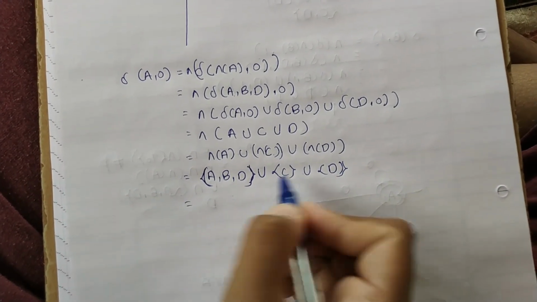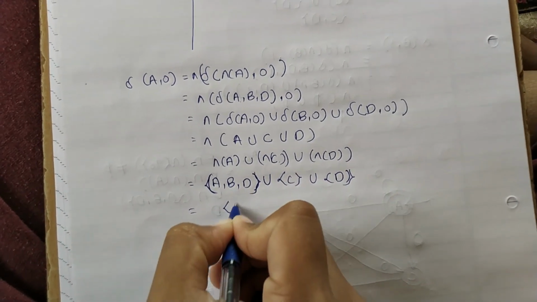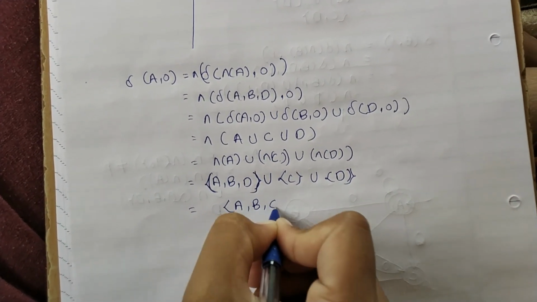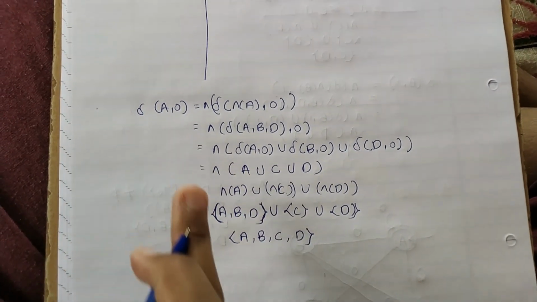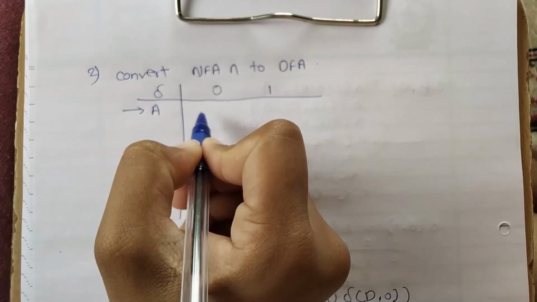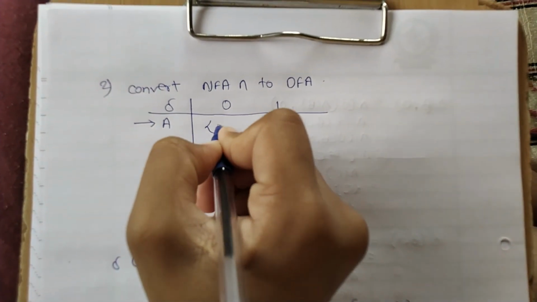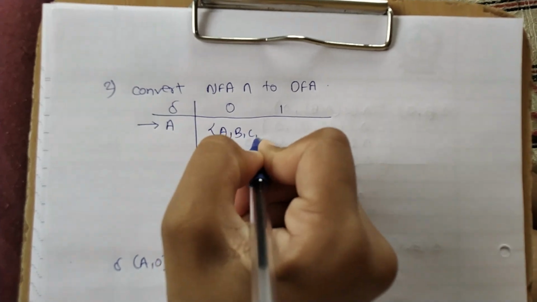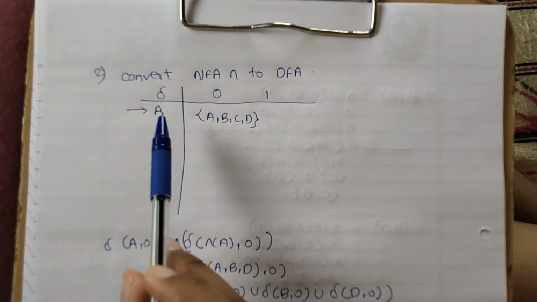Union means we write all these states combined. So this is A, B, C and D. So A comma 0 is A, B, C, D. And now we see for A comma 1.